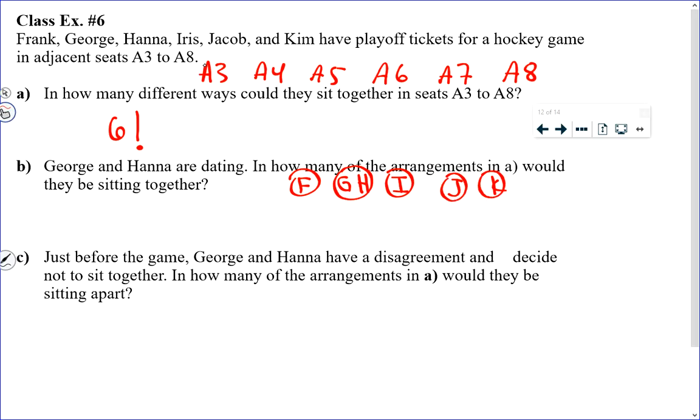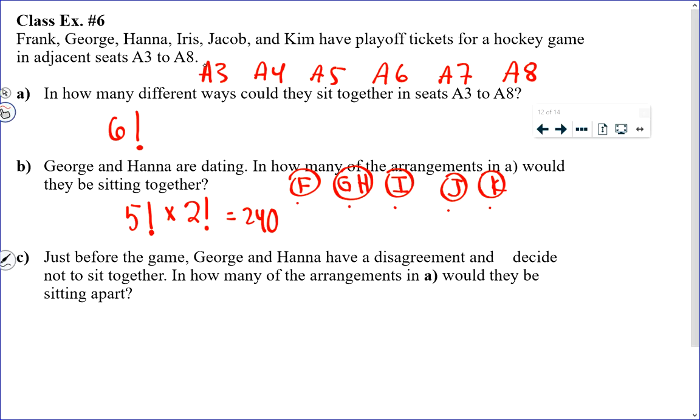If George and Hannah have to sit next to each other, we treat George and Hannah as one item, and we're arranging 1, 2, 3, 4, 5 items, which is 5 factorial, and we need to arrange George and Hannah, because George could sit to the left of Hannah, or Hannah could sit to the left of George. And that's 240.